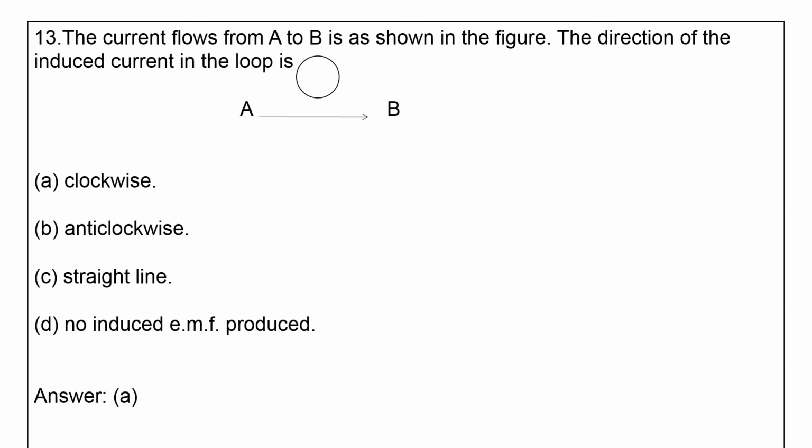By Lenz's law, the induced current must produce inward flux to counter the magnetic flux of A, B. So induced current is clockwise in the loop like this. So answer is option A, clockwise.